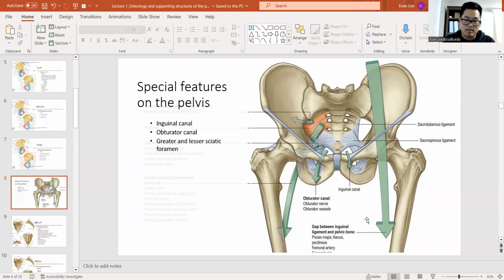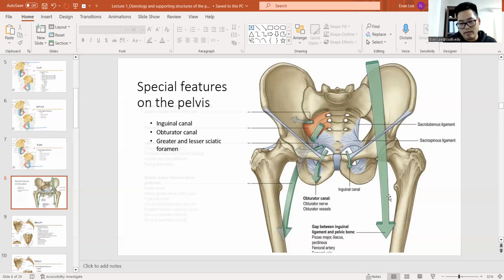If you look closely, this band right here going across the front of the pelvis, or front of the iliac or coxal bone, from the pubis to the anterior superior iliac spine, is called the inguinal ligament. The inguinal ligament goes across right here, and there's this big arrow going through here.